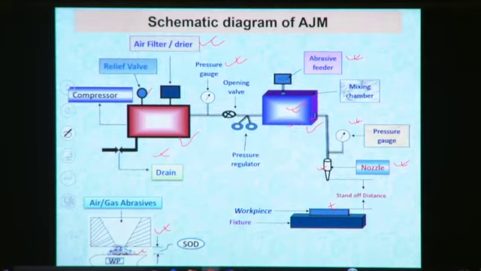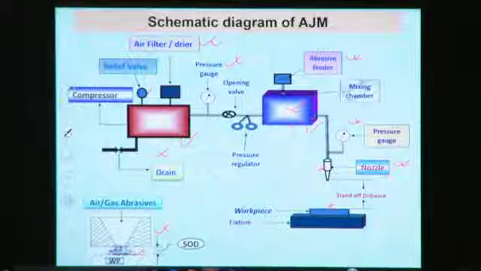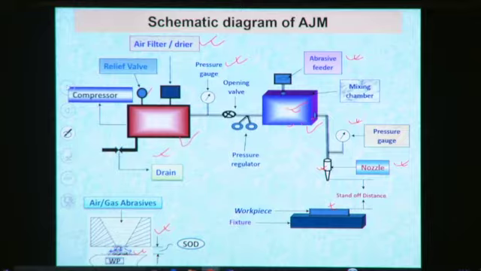Suppose we are doing a very accurate cut. In that case, to reduce the flaring action, we have to reduce the nozzle tip distance. In case of accurately cutting the workpiece, we have to keep the nozzle tip distance as small as possible.